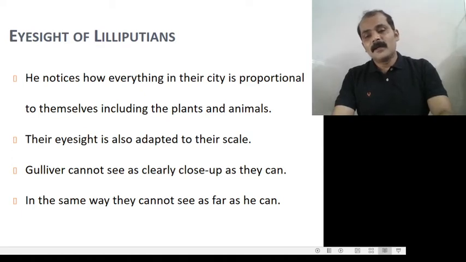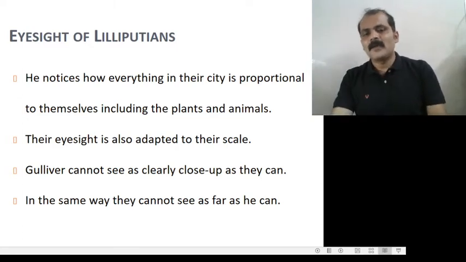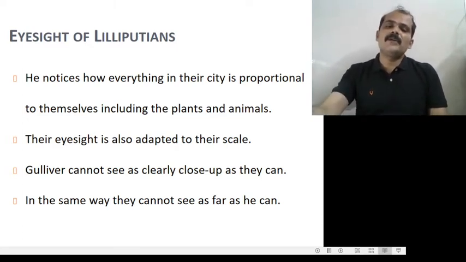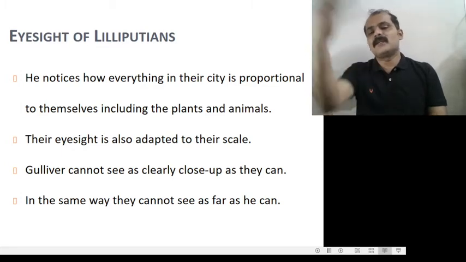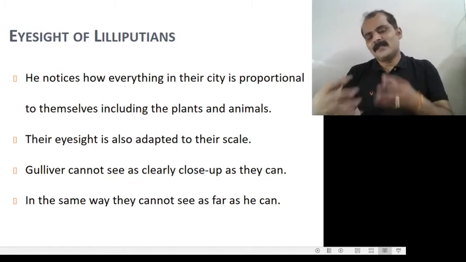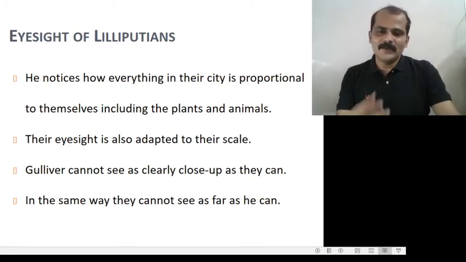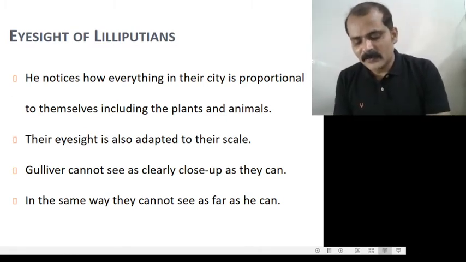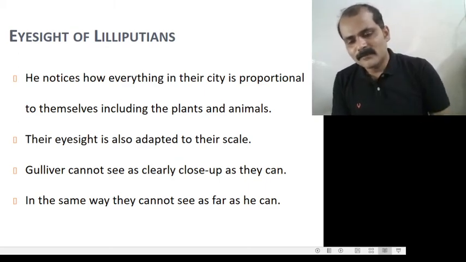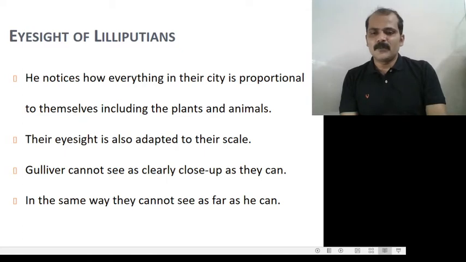But in the same way, Lilliputians cannot see as far as Gulliver can. This is how the eyesight is adjusted to the size of Lilliputians. These are the observations and very minute details that Gulliver explains here.